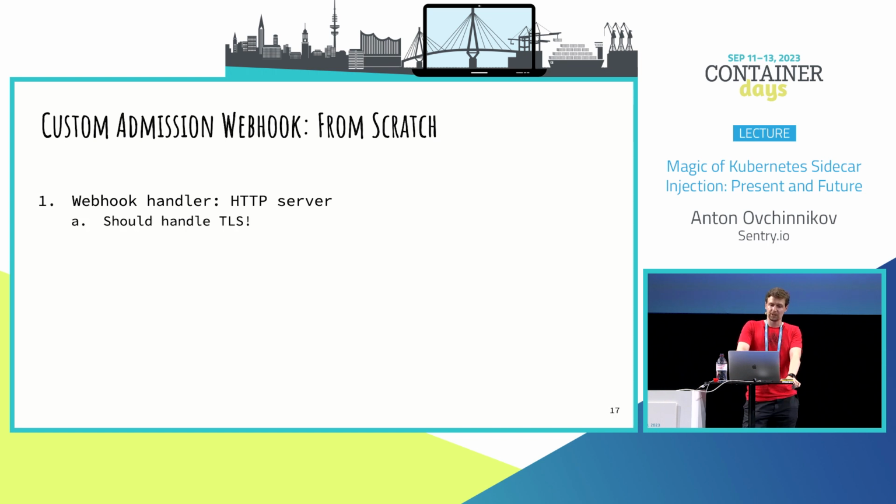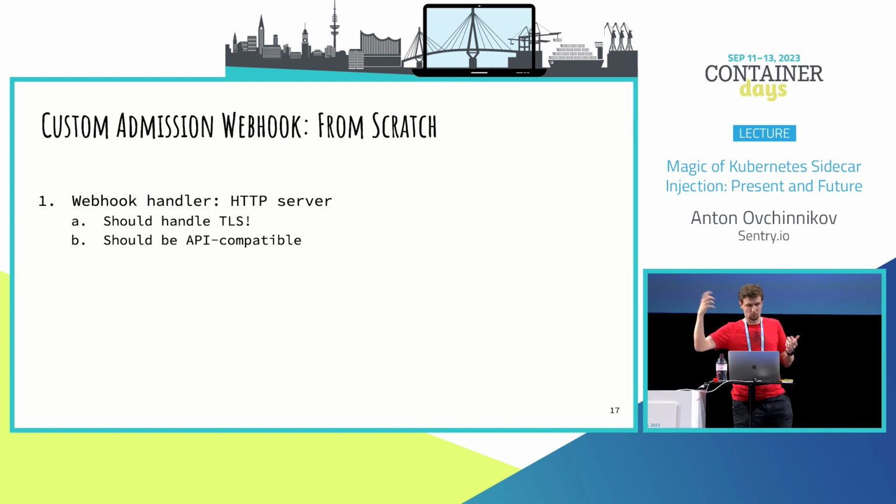The first annoyance is that it should handle TLS. Kubernetes will force TLS on you, so you'll have to manage certificates, and there's no way around that. It should naturally also be API compatible, so it should talk Kubernetes. The webhook request will be sent in a special format, and you are also expected to reply in a special format.